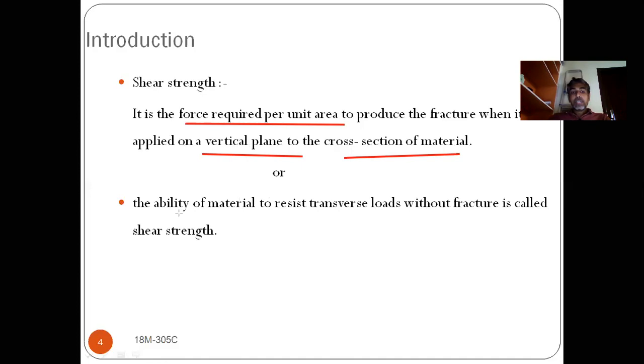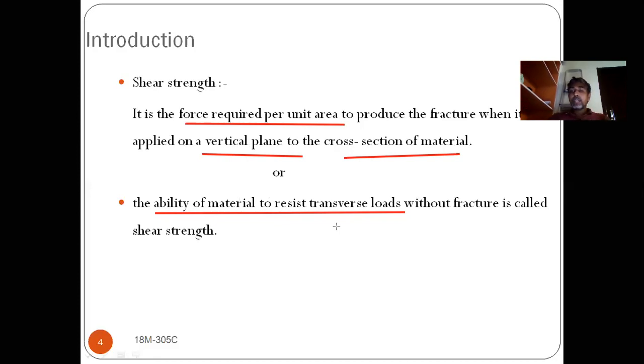This is the easiest definition: the ability of a material to resist transverse load is known as its shear strength. Already we have defined strength as the ability of the material to resist general loads.